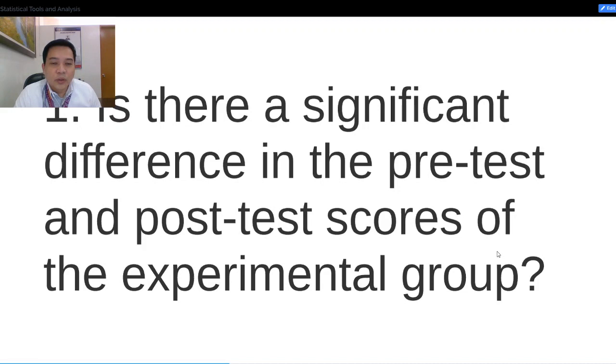Okay, going back. The first thing you need to look at here is the nature of the question. Is it a test of difference or a test of relationship? From the word itself that appears here, there's already the marker difference, which means you need to classify this under the test of difference.